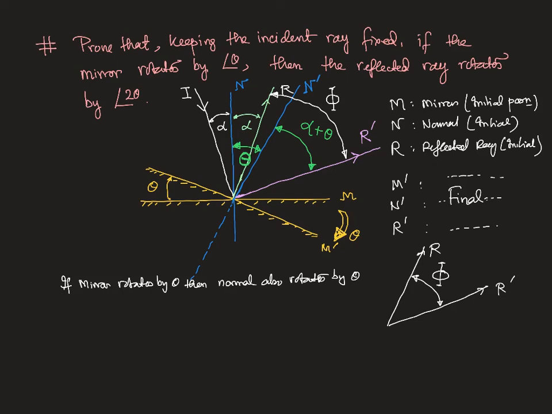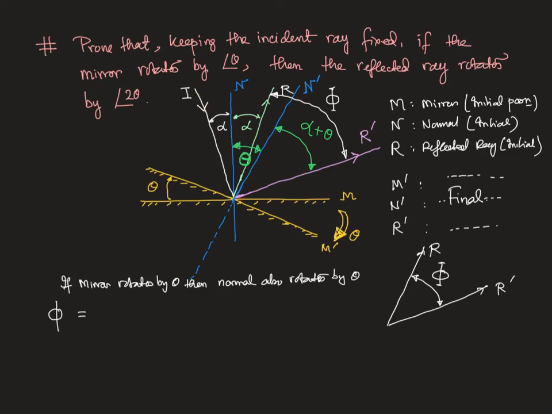From the incident ray, we can calculate the angles and subtract. So alpha plus theta. So we can write phi is equal to alpha plus theta plus alpha plus theta. Total angle, how much is this total angle from I to R dash?